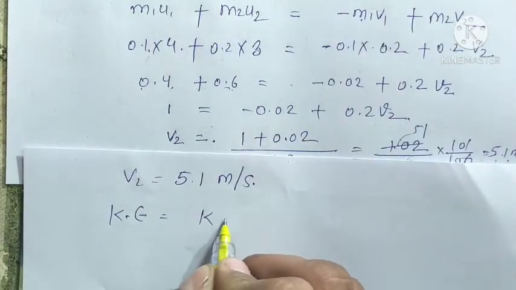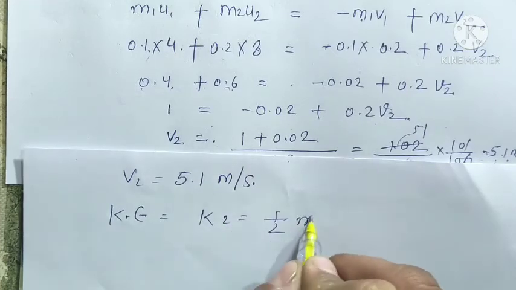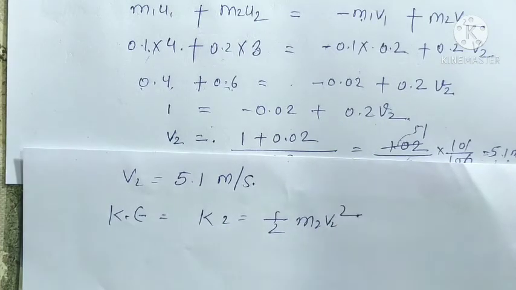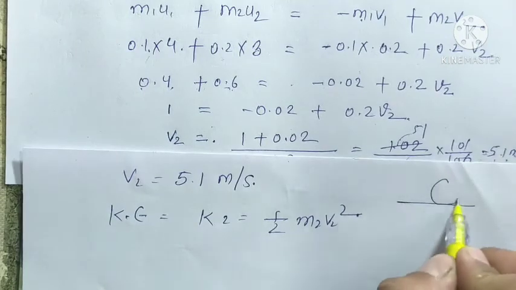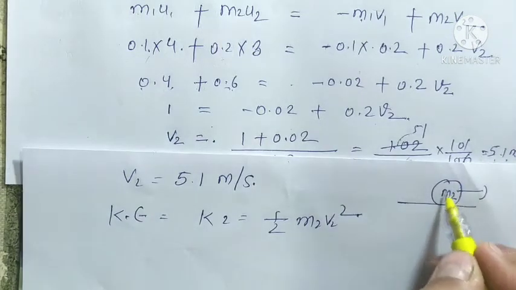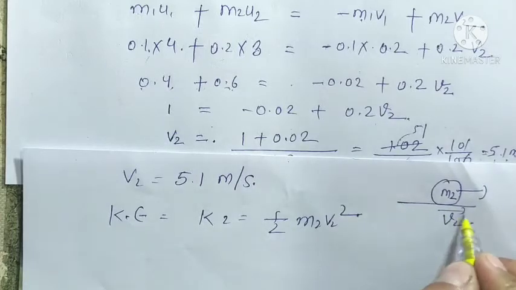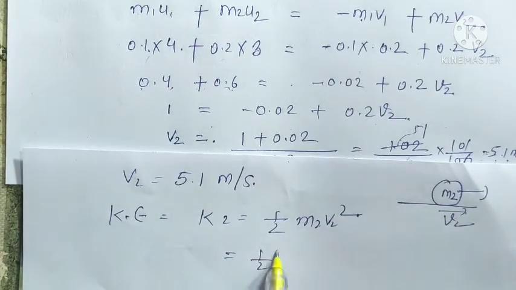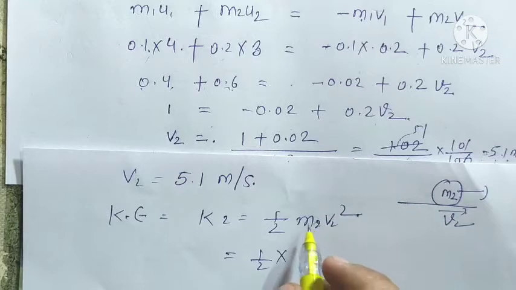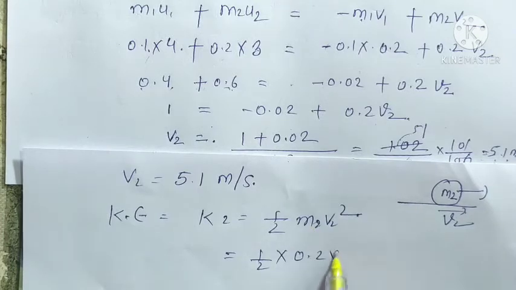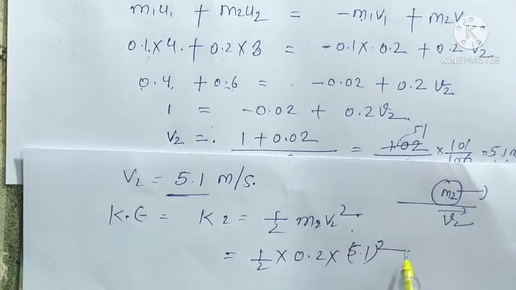Kinetic energy is equal to half m2 v2 square. So we have to find the kinetic energy of the second body having mass m2, and this body moves with velocity v2 after collision. So half, and mass of the second body is 0.2 and v2 is 5.1.